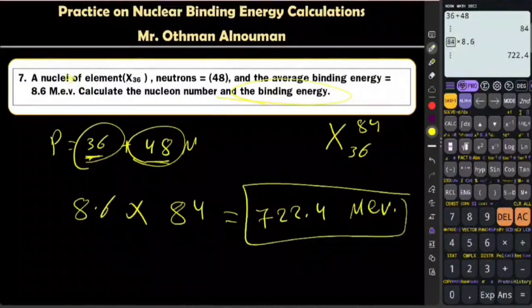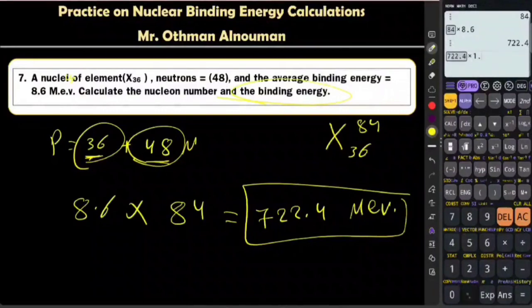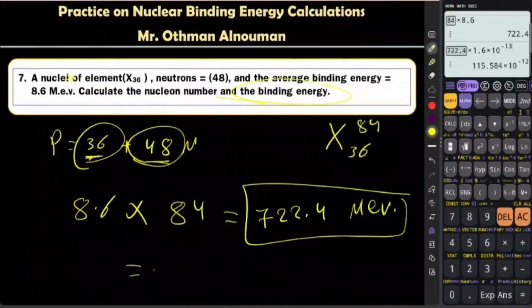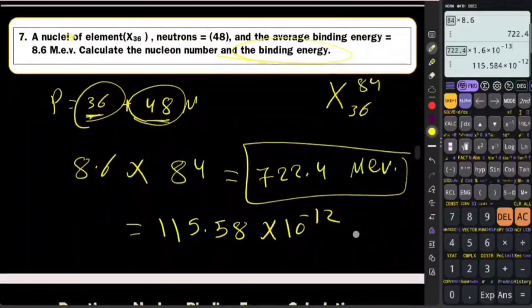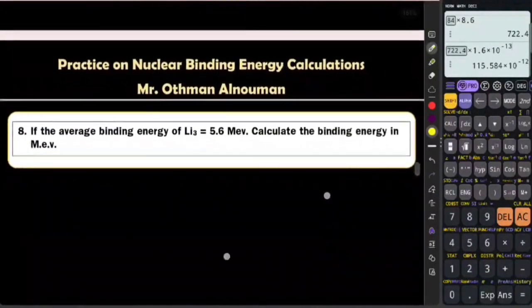This is the binding energy. If it asks for the binding energy in joule, we take the same answer times 1.6 times 10 to the power of negative 13, and that would equal 115.58 times 10 to the power of negative 12. So we got up to here.